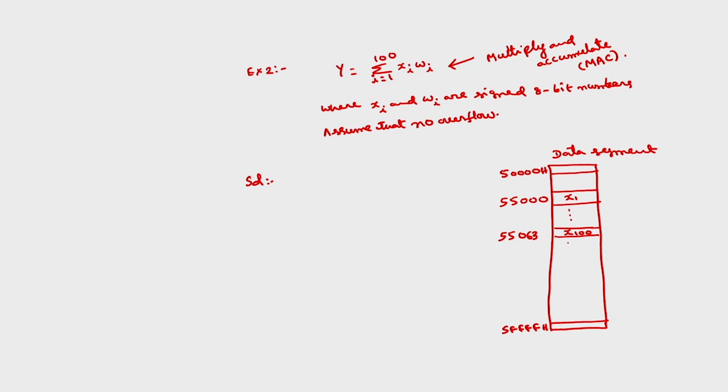Similarly, this is the x array and here I am storing the w array. This is w1, and so on up to w100.